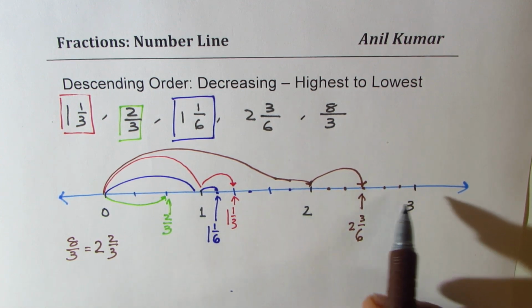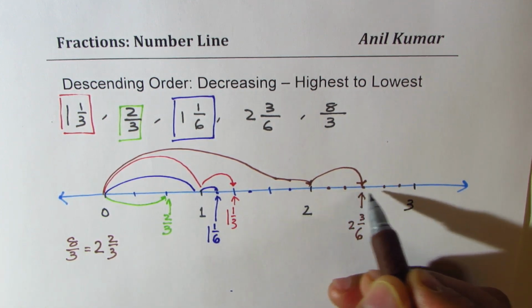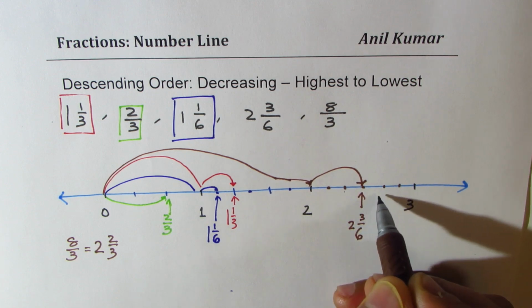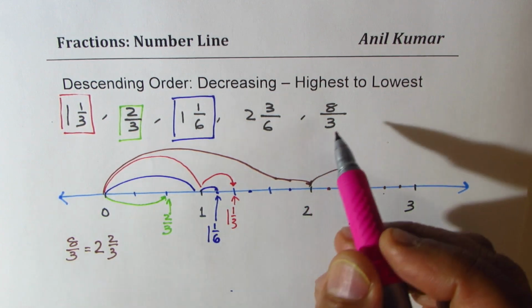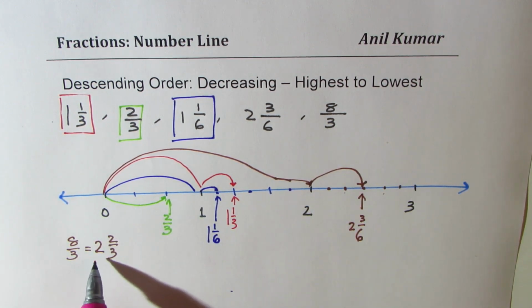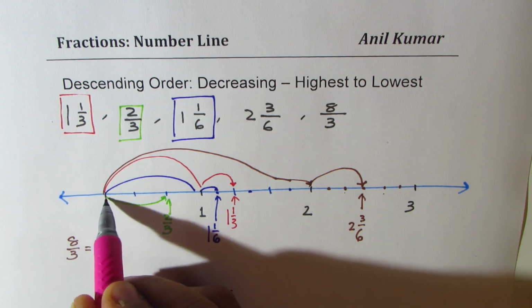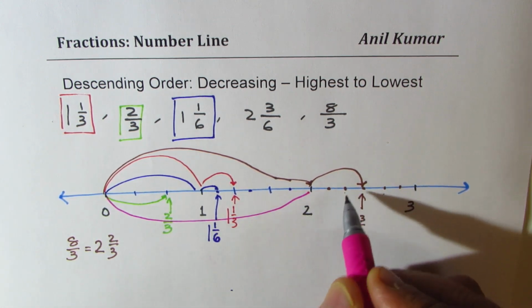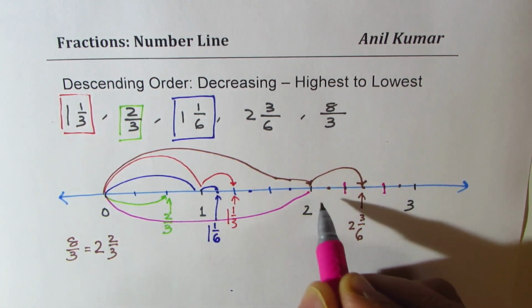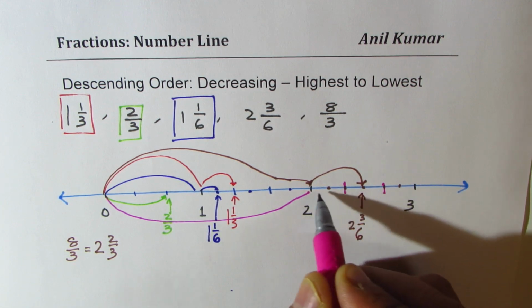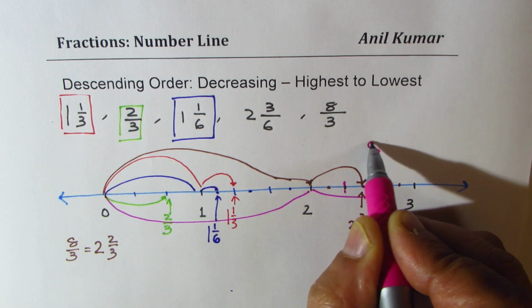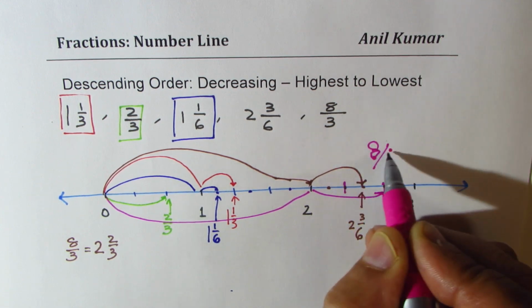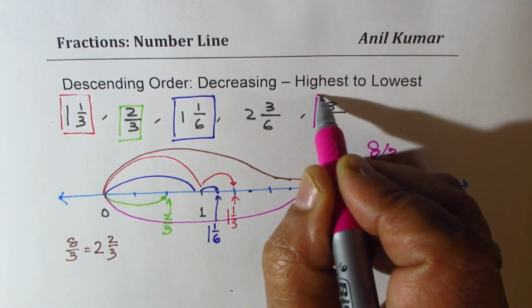Now here, these are 1/3s. Do you see that? 1/3, 1/3, second third. So what we get here is 2, 2 over 3. So you go straight to 2, and then these are your 1/3s. First 1/3, second 1/3. So that is the number, which is 8 over 3, right? The last number.